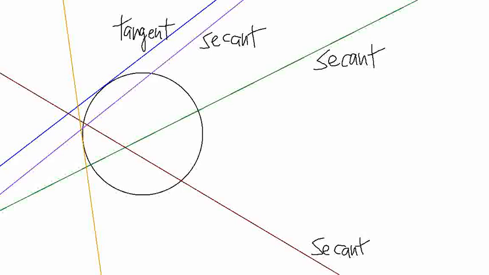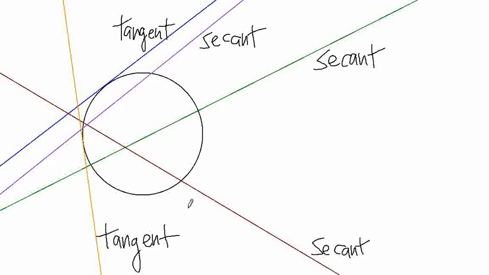Is that a tangent or a secant? Okay, that orange line is a tangent. So to repeat, a tangent is a line that intersects a circle at 1 point. A secant is a line that intersects a circle at 2 points.